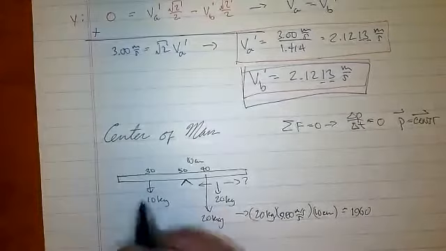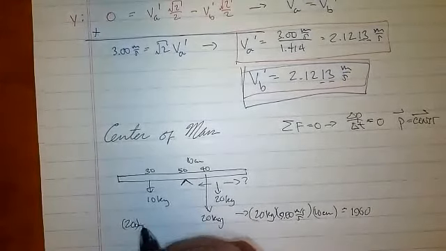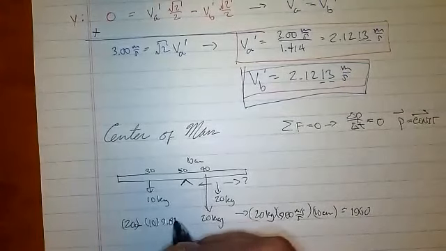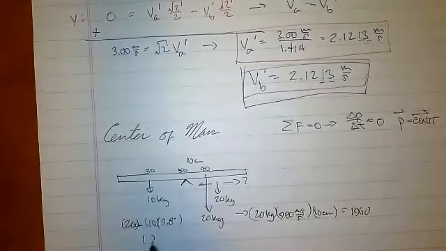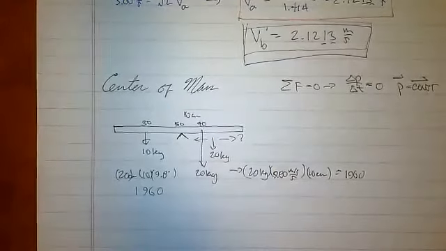Now this one's 10 kilograms times 20 centimeters times 9.8. Well, that's 200 times 9.8. So you see, again, that's 1,960. So that's actually how you balance it.